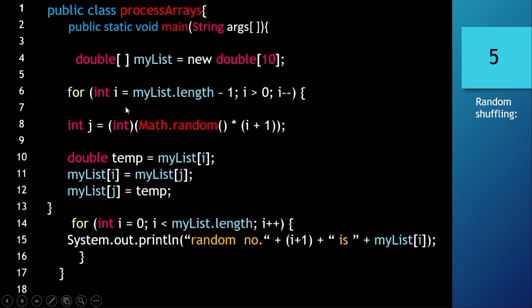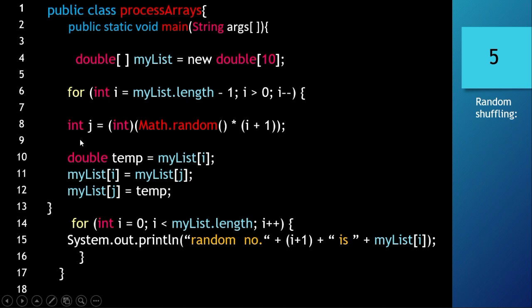So we have this for loop and say int I is equal to my list.length minus 1, and then we say for I is greater than 0. So long as I is greater than 0, we decrement. It's the same as an increment, it's just that we've changed this up a little bit. If you want, you can start from I is equal to 0, then I is less than my list.length, and then here you can say I plus plus. It's the same thing, it will give you the same value.